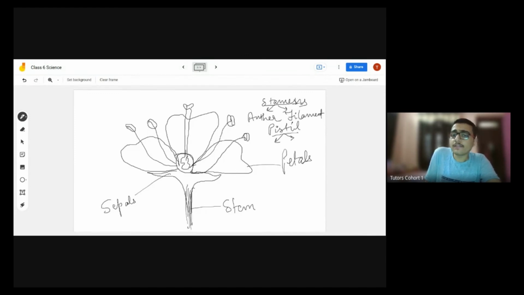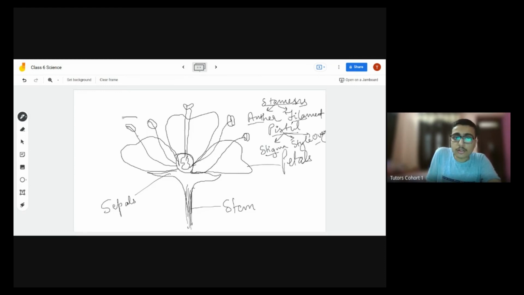So first is anther and filament in stamens, and pistil has three more parts: stigma, style and ovary. Now I will mark these parts on this diagram here. Then we will move to a very beautiful image, where it will be much clearer.